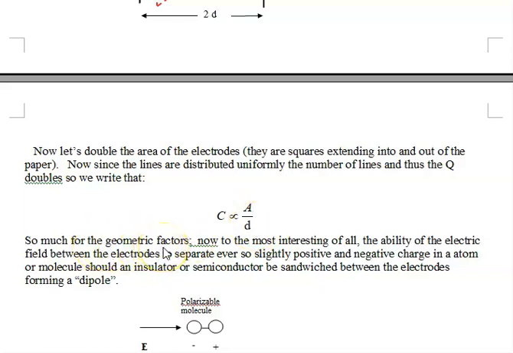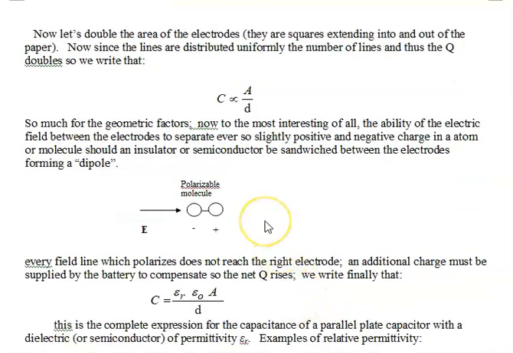Now, the most interesting of all is the ability of the electric field between the electrodes to separate, ever so slightly, charges that may or may not be present. Specifically, we're talking about a dielectric which has areas of negative charge and areas of positive charge.